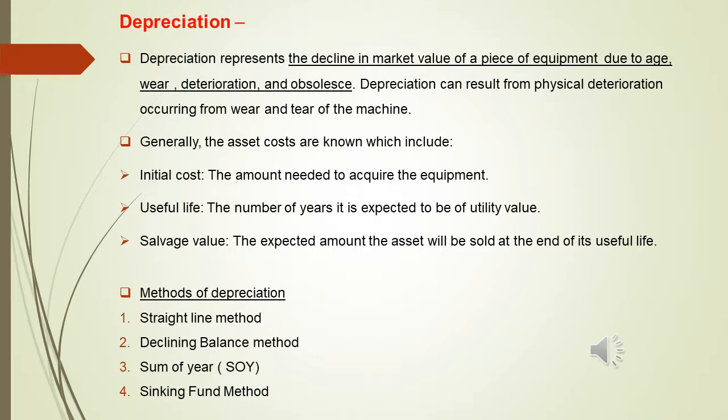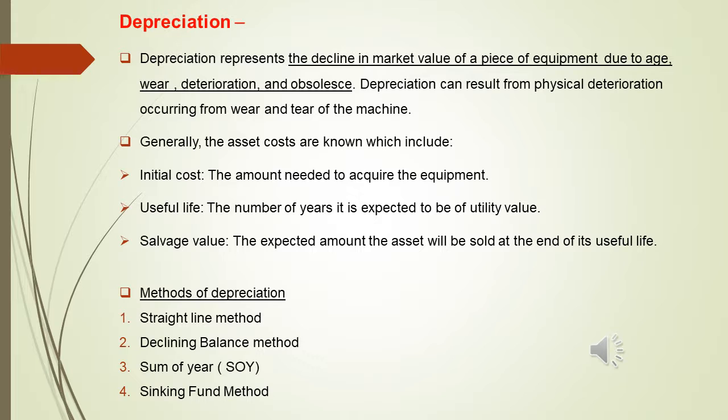Second point is, generally the asset costs are known, which include these three things: initial cost, useful life, and salvage value. What is initial cost? The amount needed to acquire the equipment. What is useful life?